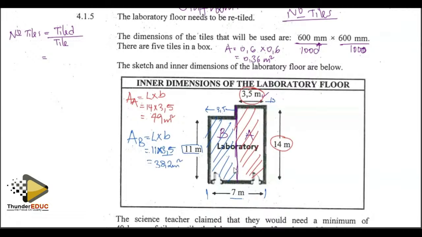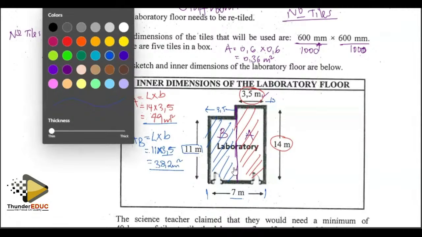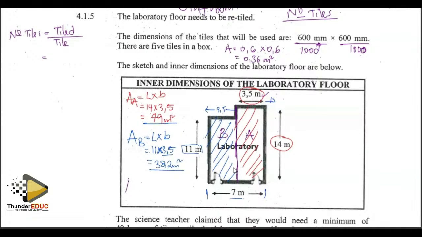So we have the area there. Then we come and say the total area now will equal to area of A plus area of B, which is 49 plus 38.2.